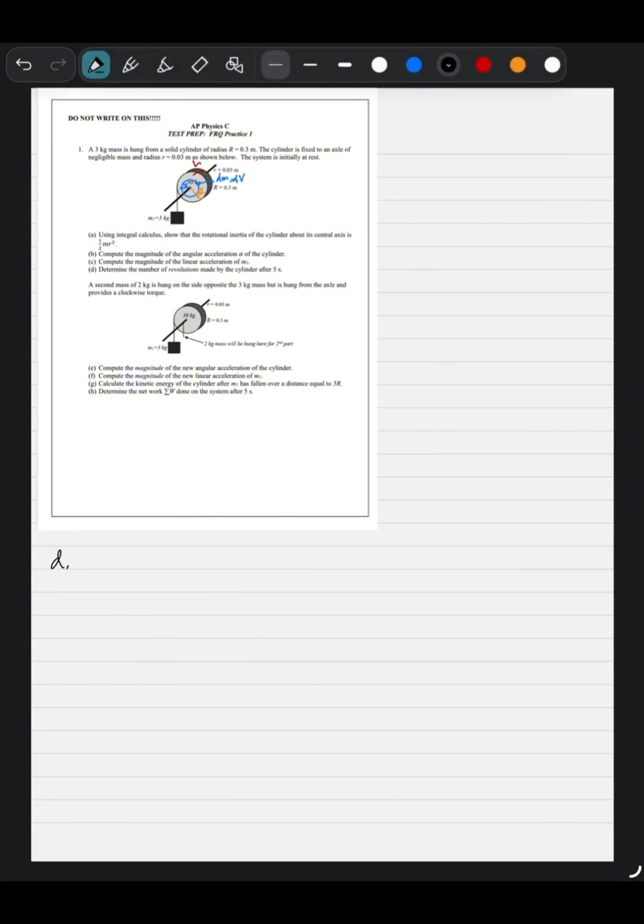For D, since angular acceleration is constant, we can use this function. And since it's starting from rest, we don't have to include the omega initial times t.